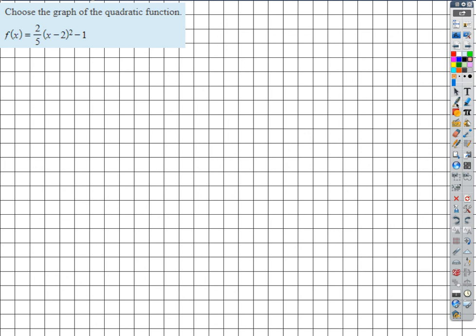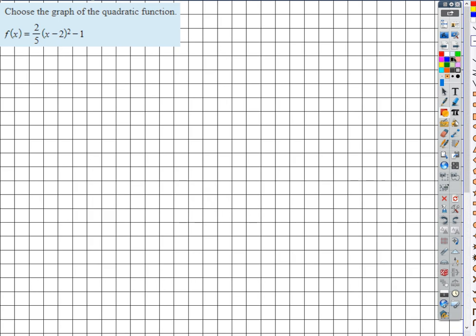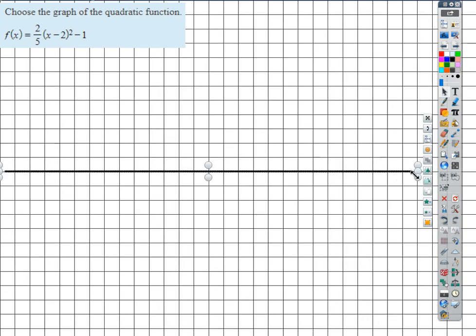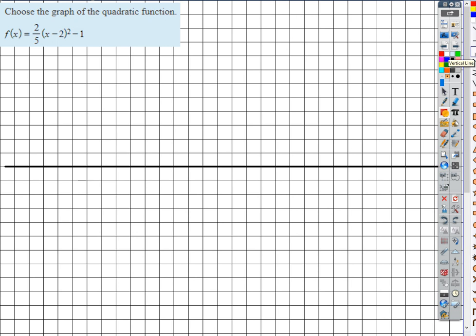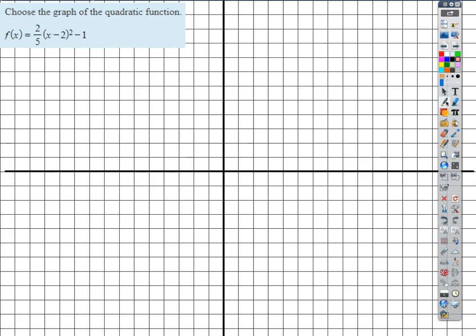Let's make an x-axis here. So here's my parent graph.